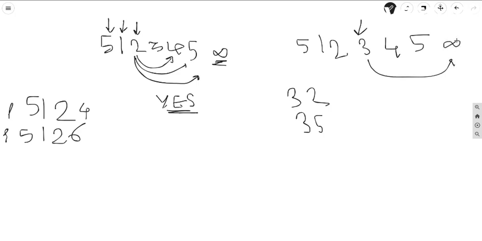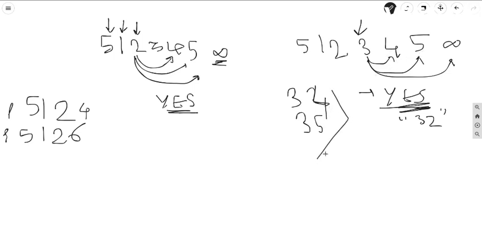So this will give us yes, and 32 will be the answer password. But if it was 34, then we must go from 3 to 4 or 3 to 5, and now we cannot go to infinity, as we are limited by the indexes. So if it was 34 and 35, our answer would be no.